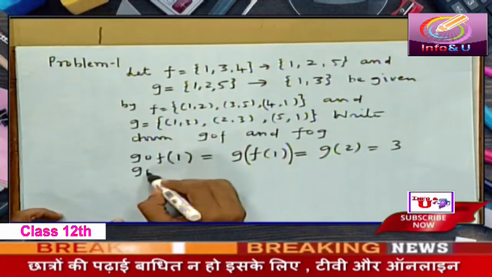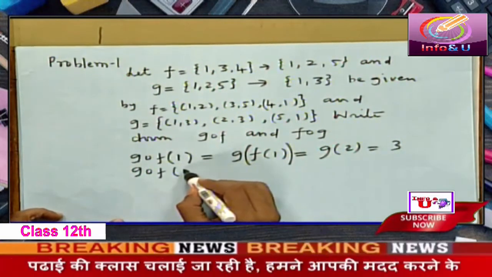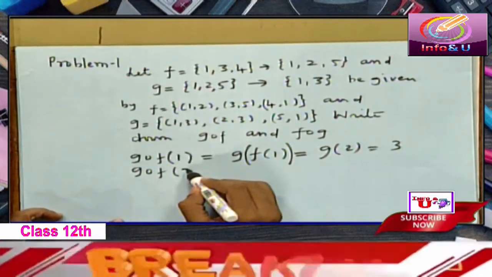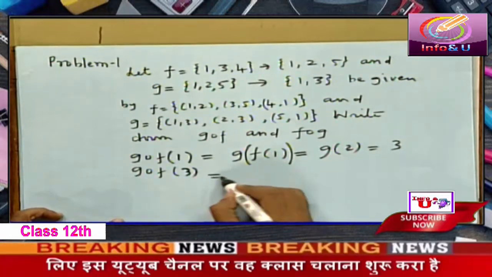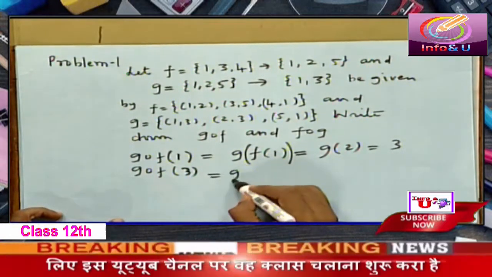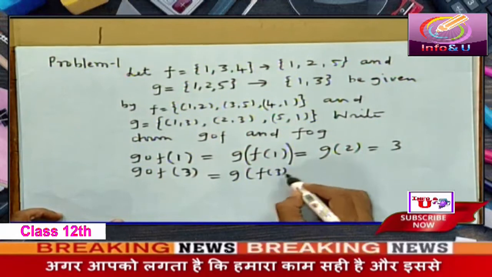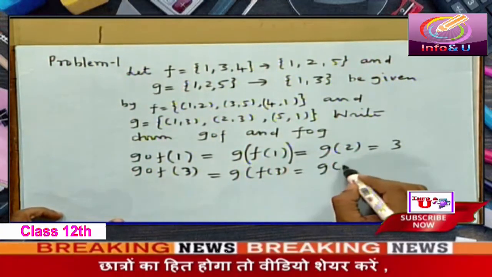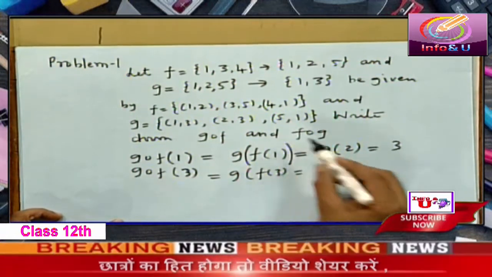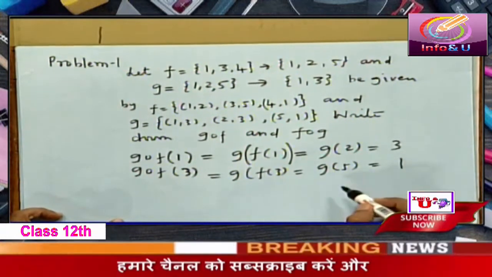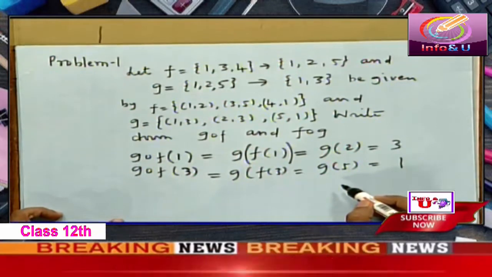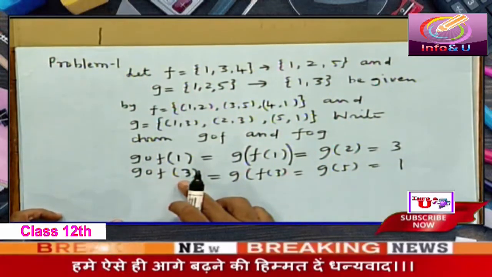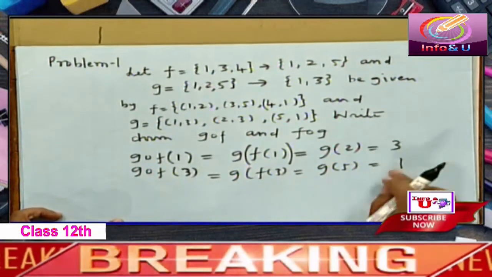Similarly, GOF of 3. This is G of f of 3. F of 3 is 5. So it is G of 5, and G of 5 is 1, so it is 1. It means under GOF, the image of 3 is becoming 1.